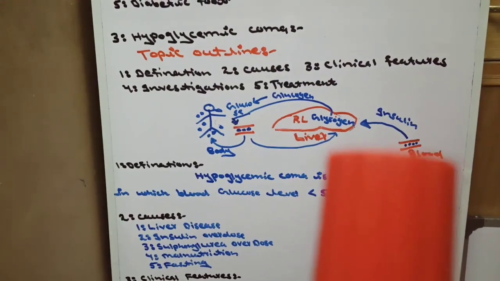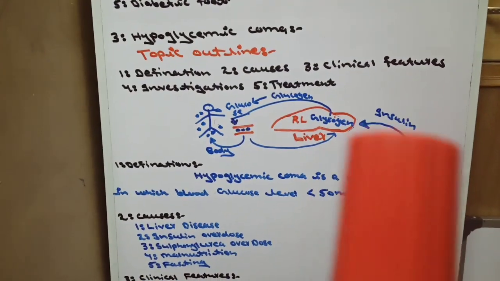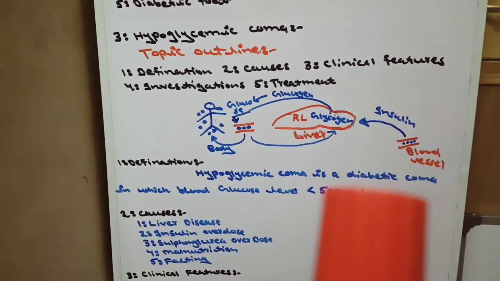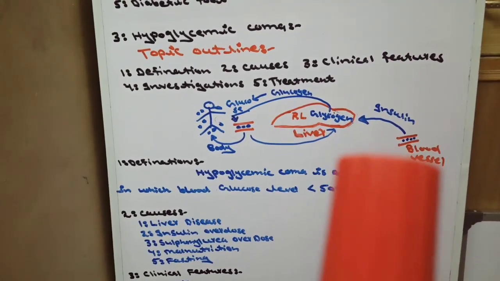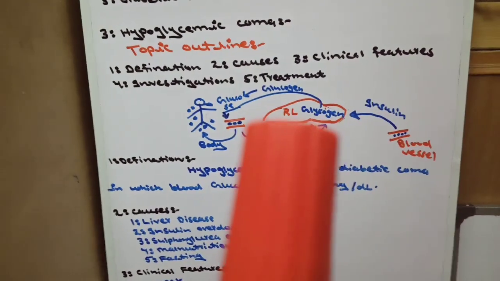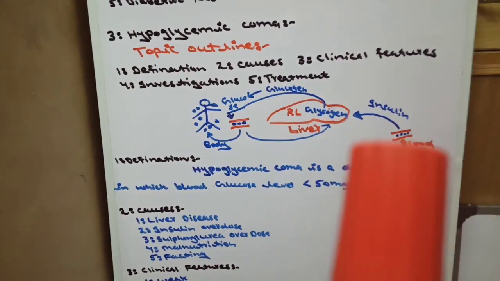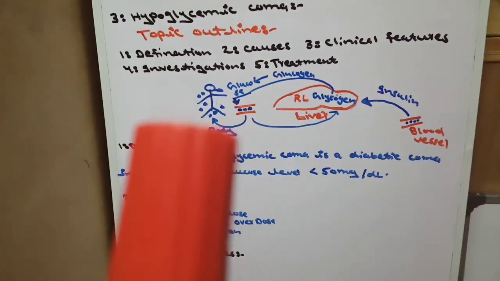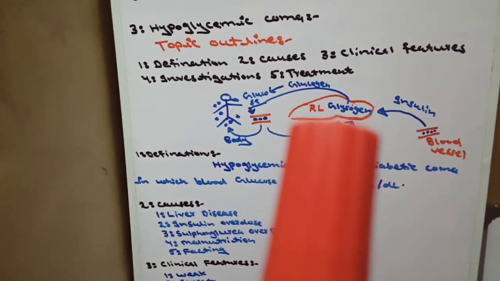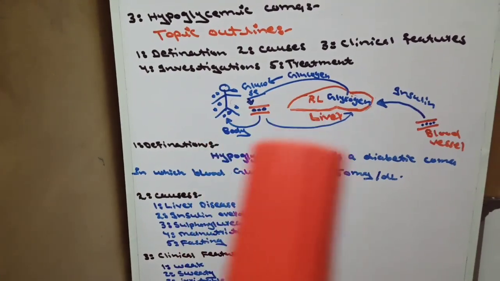But if we take an overdose of insulin or other drug, then there is more transfer of glucose from blood vessel to liver to change into glycogen. There will be hypoglycemia in blood. Second, if there is a problem in liver disease, when the liver does not change glycogen into glucose, our blood glucose level will decrease.